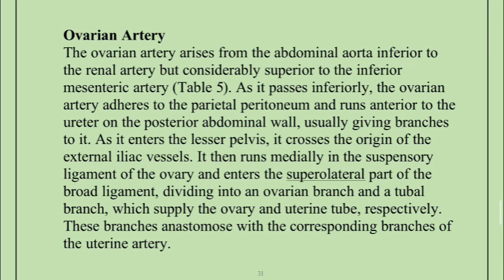Ovarian artery, one of the pelvic arteries, the arteries you find in the pelvis, arises from the abdominal aorta, inferior to the renal artery. But at times you could find it superior to the inferior mesenteric artery.